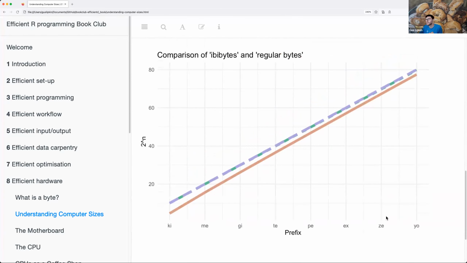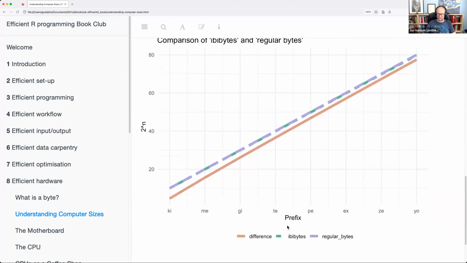Oh, and my key seems to have disappeared. Sorry, guys. There it is. Okay, cool. The salmon pinkish line is just the difference between the two. And the difference does appear to be getting larger, but again, yottabytes are like 2 to the 80.